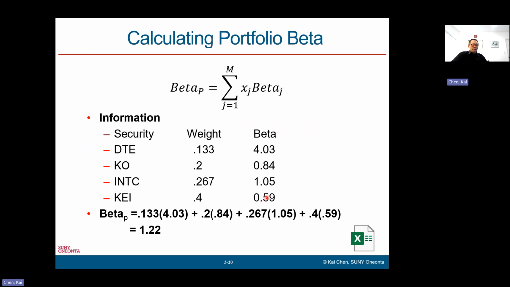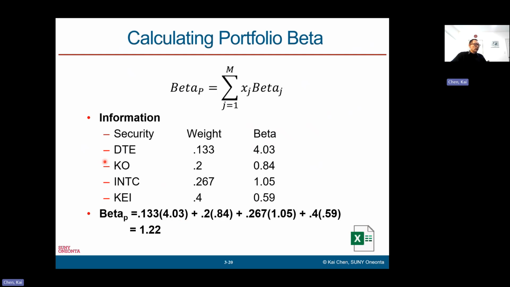We can estimate the betas of these assets using the historical return data, and then for each we follow the formula. For each asset, we do weight times beta. For example, for DTE, that is the weight of DTE, 0.133, times the beta of DTE, 4.03.